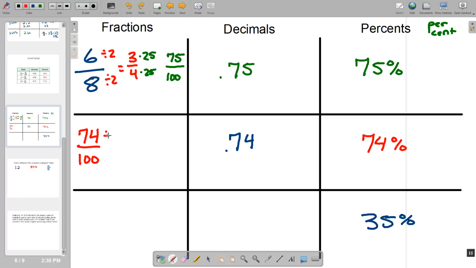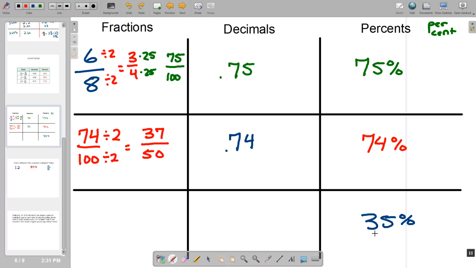And now we have to divide both of these numbers by 2 because they're both even. 74 divided by 2 ends up being 37, which is prime. 100 divided by 2 is 50. Since 37 is prime, this is in simplest form.